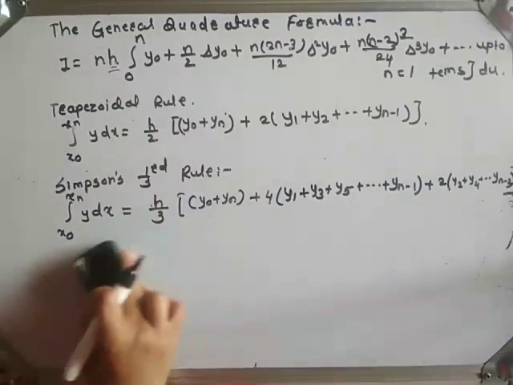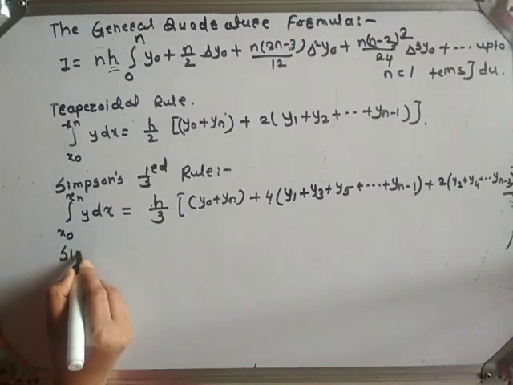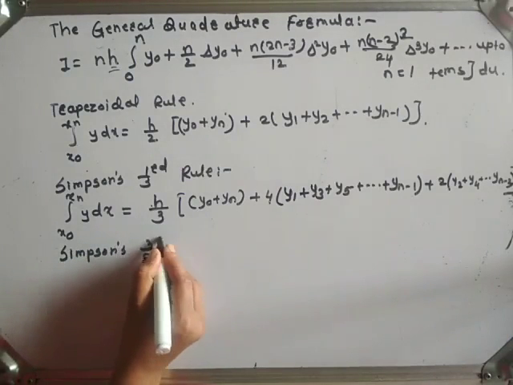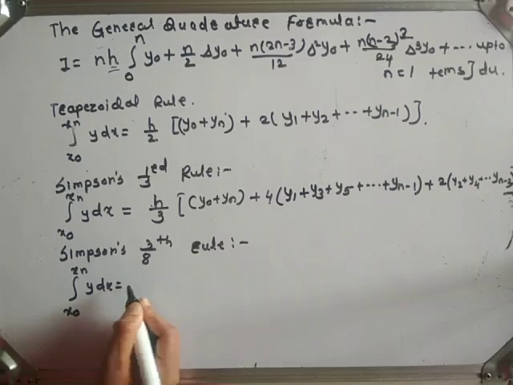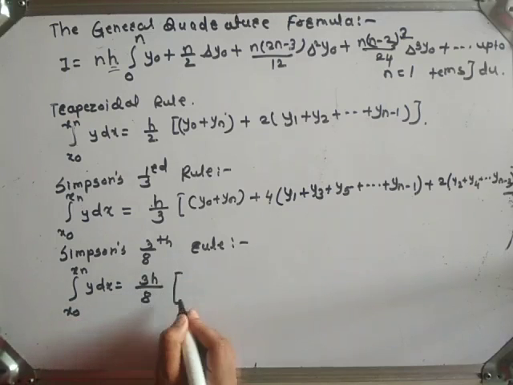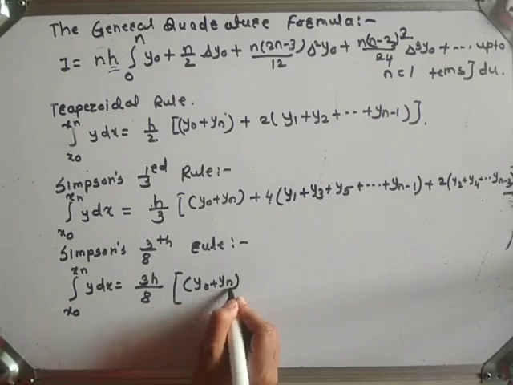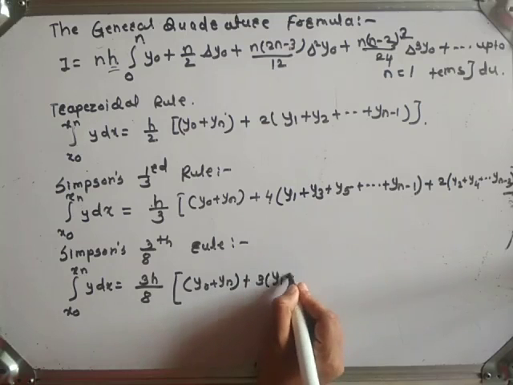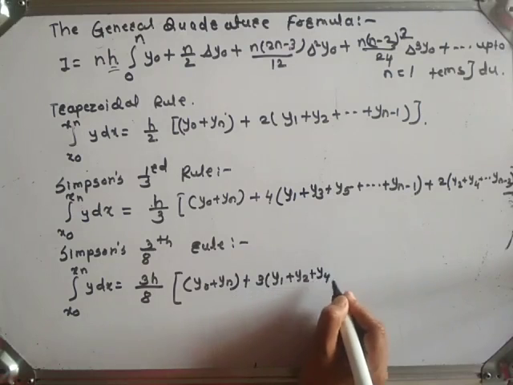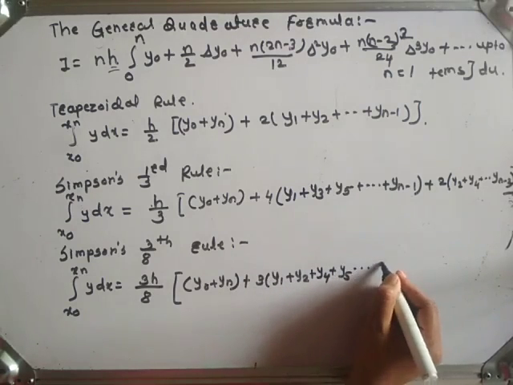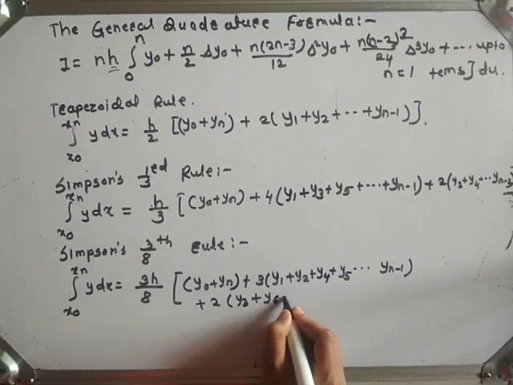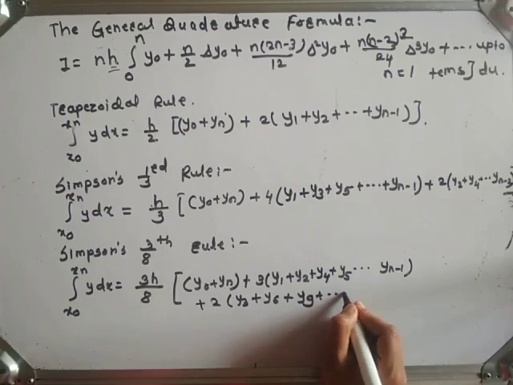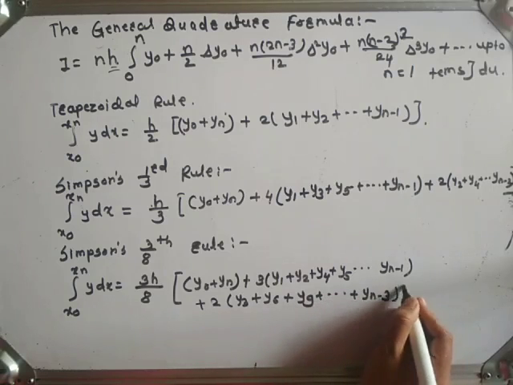Next, see Simpson 3/8 rule, and that rule is integration from x0 to xn of y dx equals 3h upon 8 into (y0 plus yn) plus 3 into (y1 plus y2 plus y4 plus y5 and so on up to yn minus 1) plus 2 into (y3 plus y6 plus y9 plus and so on up to yn minus 3).